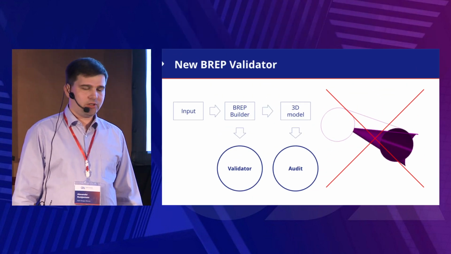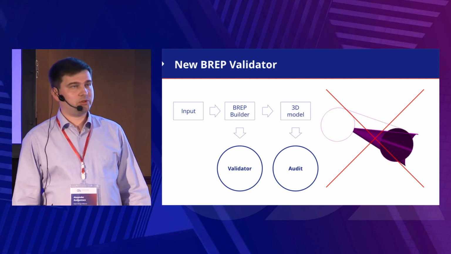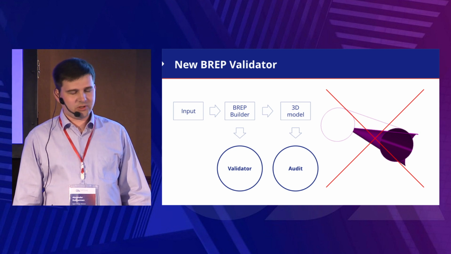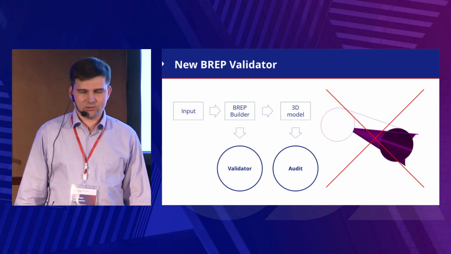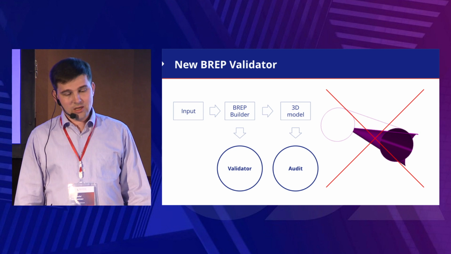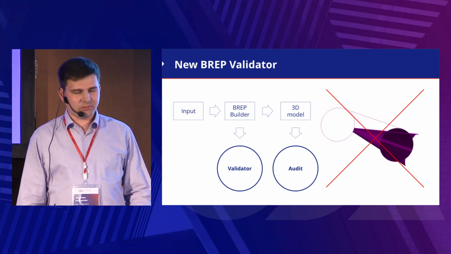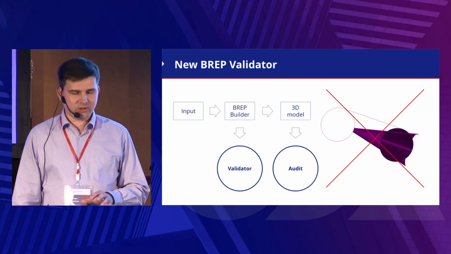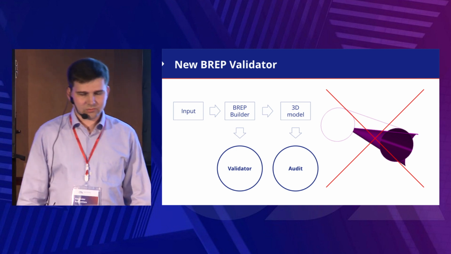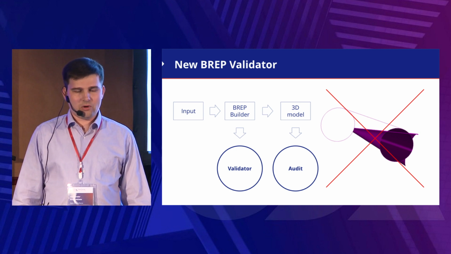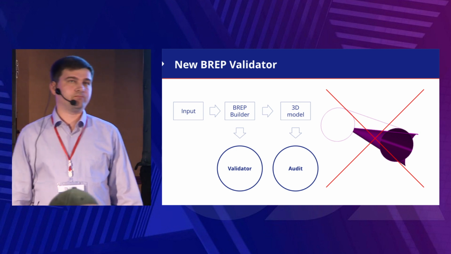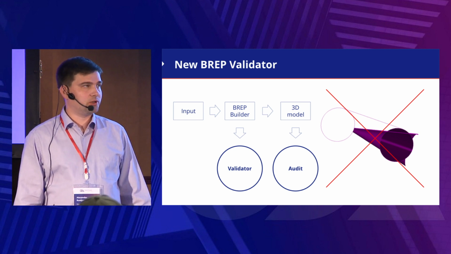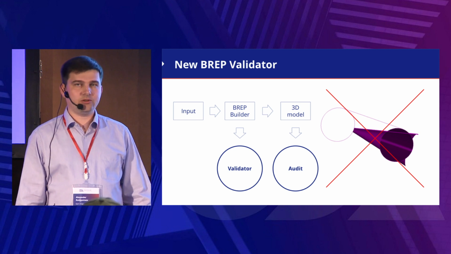So, in fact, we are going to provide our members the ability to create product-specific 3D models. To prevent creation of incorrect models with errors internally and so on, we have added two additional steps. The first step is the validator, and the second step is the audit. The main goal of the validator is working with BREP builder input data, and the validator should check whether the input data is correct or not.